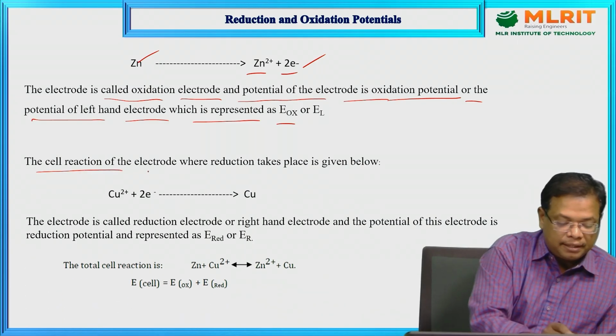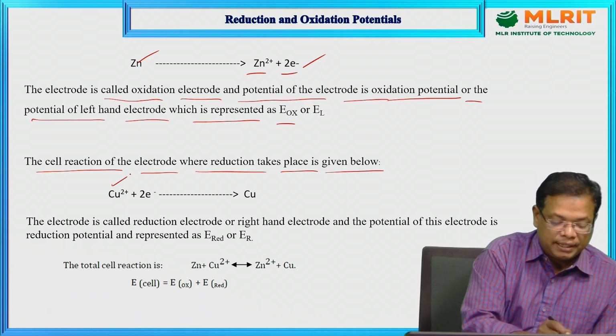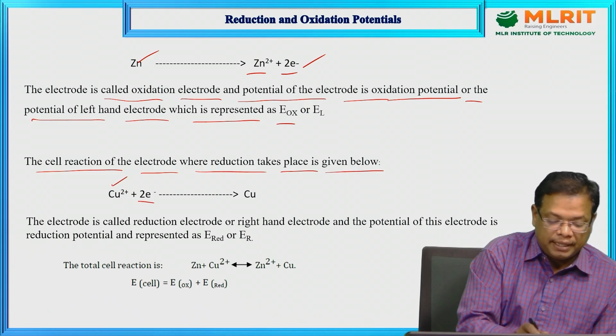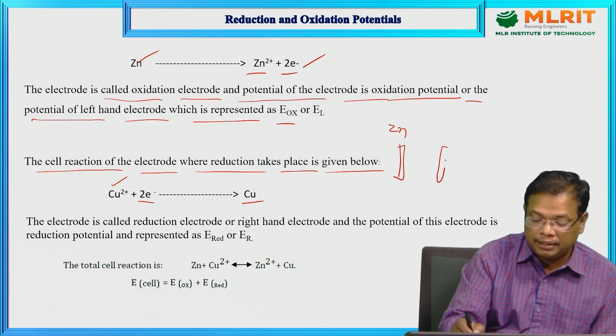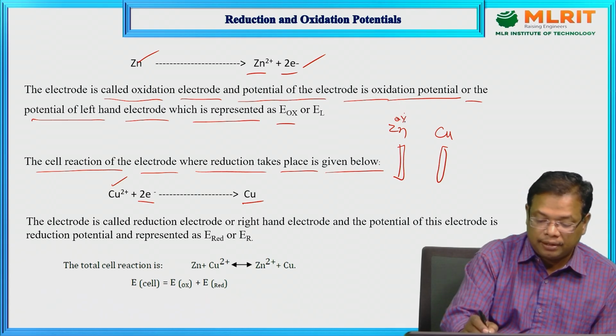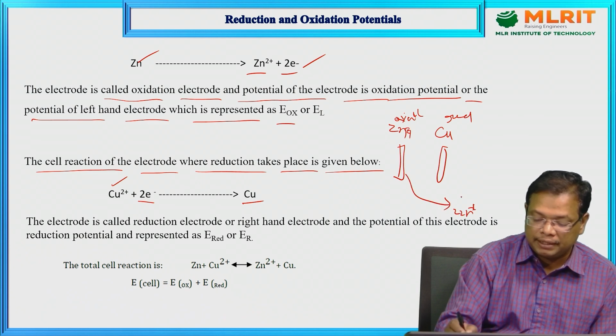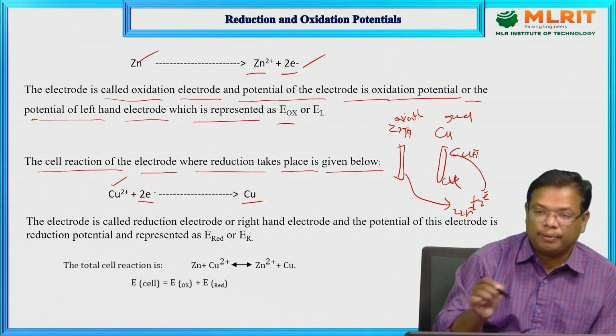The cell reaction of the electrode where reduction takes place is given below. Cu2+, at the cathode, gains 2 electrons and becomes Cu. So there is a Zn electrode and a Cu electrode. Oxidation takes place at one and reduction at the other. Zn gives Zn2+ and 2 electrons, and these 2 electrons are gained by Cu2+ ions to become Cu.